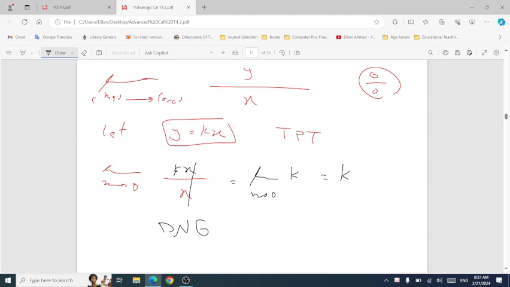Because K itself does not exist in the equation. K is a number, representing a number. So this limit, the number K, does not exist.